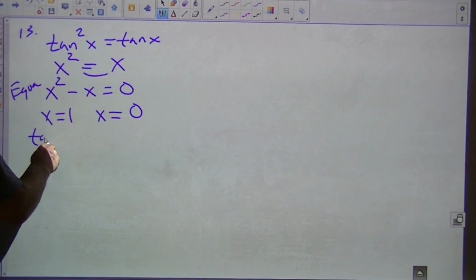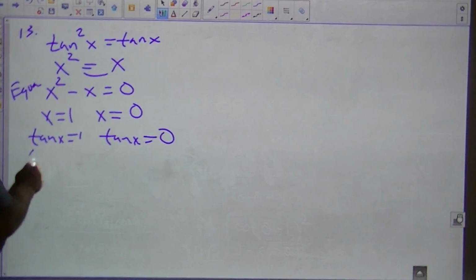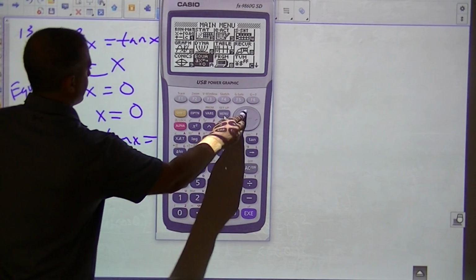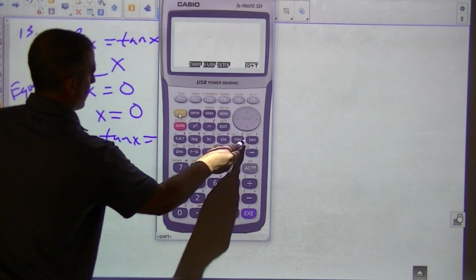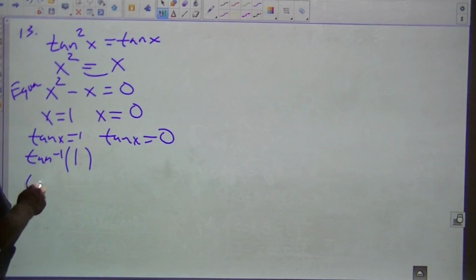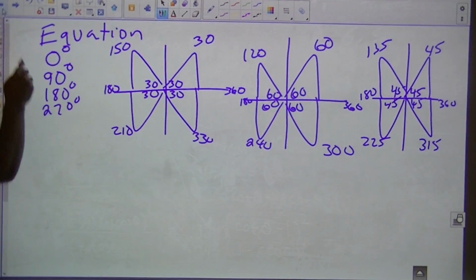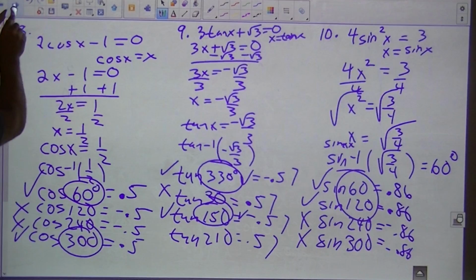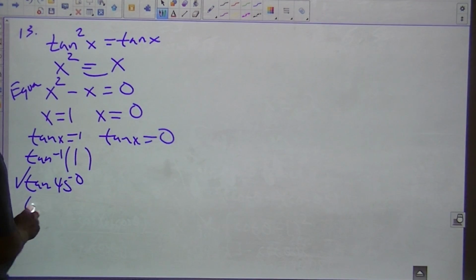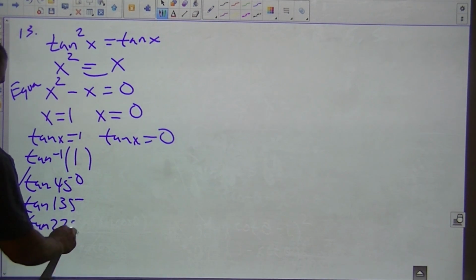All right, so I got tan of x equals 1, tan of x equals 0. All right, inverse tangent of 1 is going to be 45. Okay, so I know tan of 45 works, and that's going to be those guys: tan of 135, tan of 225, tan of 315.